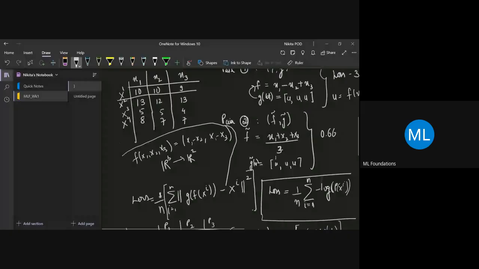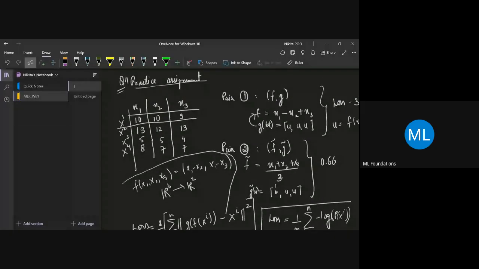We are now not able to see the screen itself, I think. Hello? Yes, now we can see.